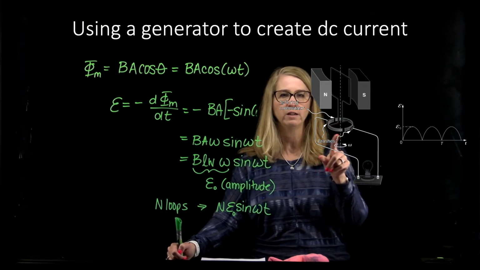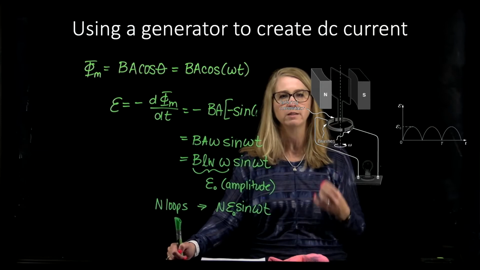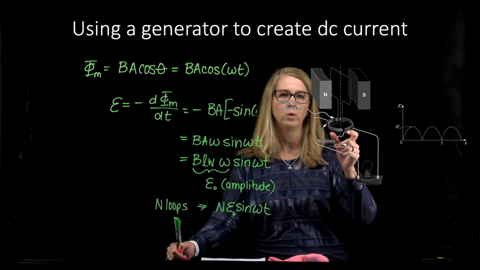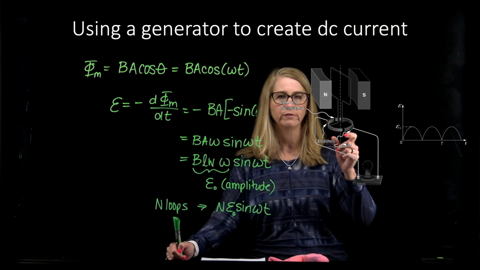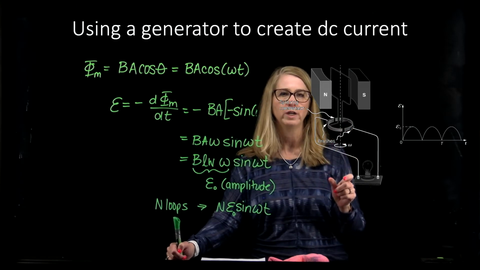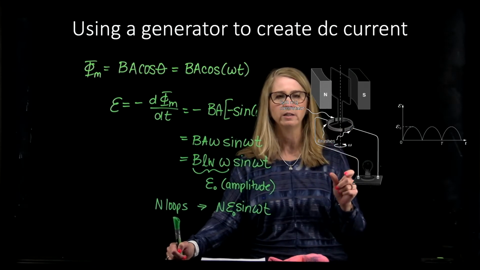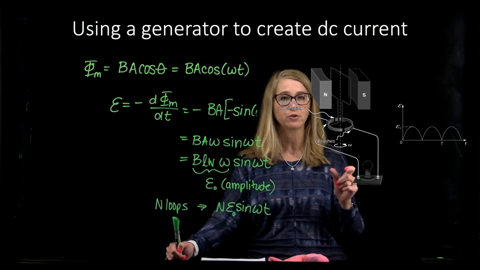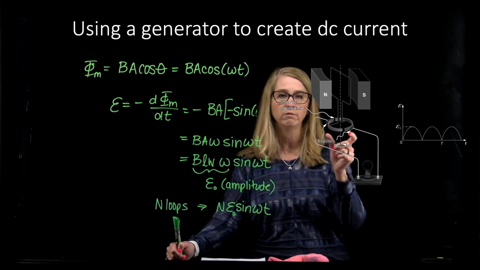What we have here is the loop, instead of being solid, with one loop attached to a positive terminal and one loop attached to a negative terminal, like we saw in the last picture, we have a split ring.